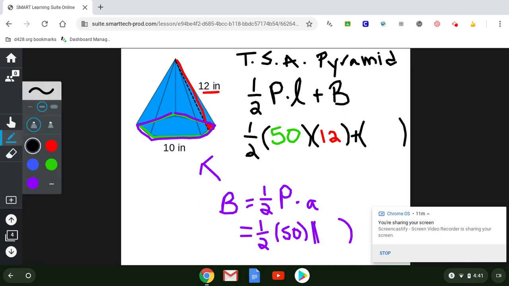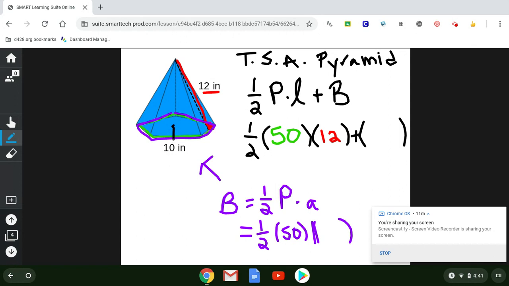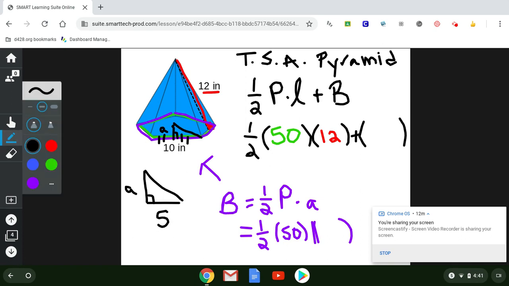So remember to find the apothem. The apothem is from the center down, creating 90 degrees, my little A. And it actually creates a right triangle. So I have a right triangle with an A. And remember, when we create that right triangle, it actually cuts the side length in half. So this is 5. And I need to find A. I don't have any other sides other than 5, so I have to find this angle here.